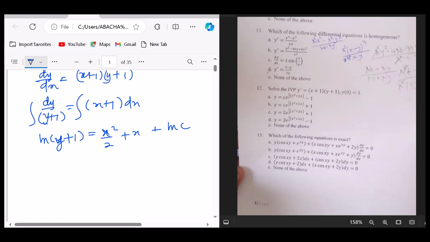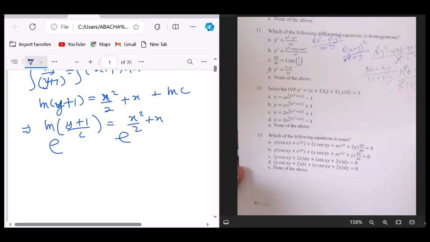And so from this we have ln of y plus 1 all over c equals x squared over 2 plus x. Take e of both sides. We have y plus 1 over c equals e power x squared over 2 plus x.